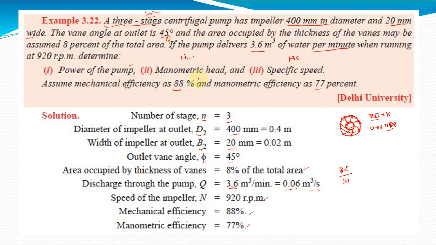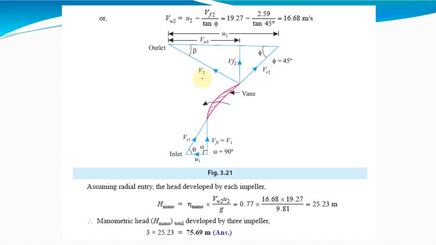To solve this problem, we need the velocity triangles. Assume it is a backward vane; if nothing is mentioned, you assume the backward vane. For the backward vane, the velocity triangle will look like this, as you see on the screen. Vw1 is 0 because the flow at the inlet will be radial for the impellers.